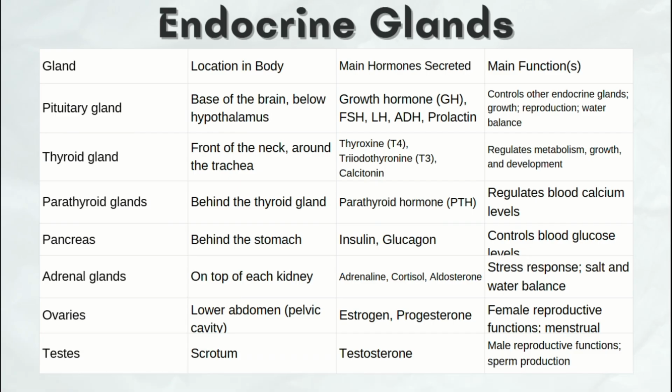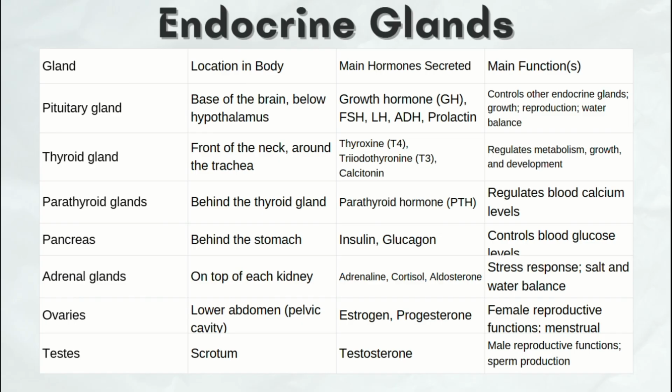Each gland produces a particular hormone to stimulate a particular function. So depending on the gland, a hormone specific to the function of that gland will be secreted.